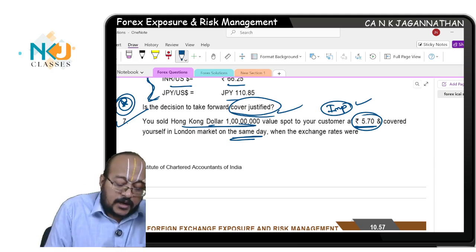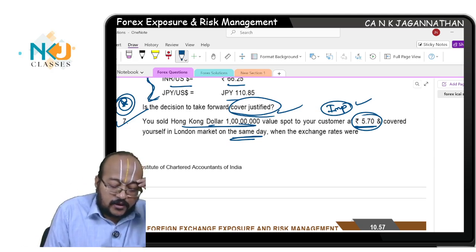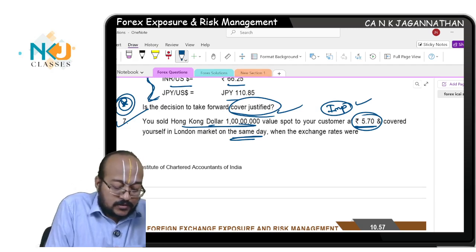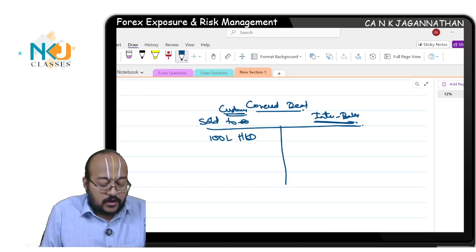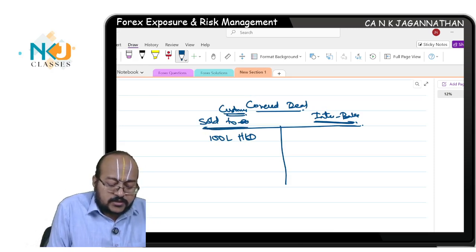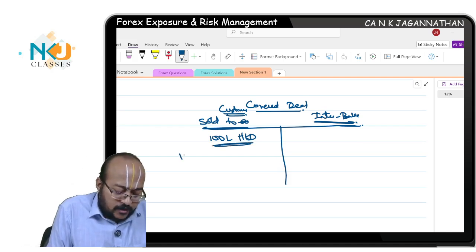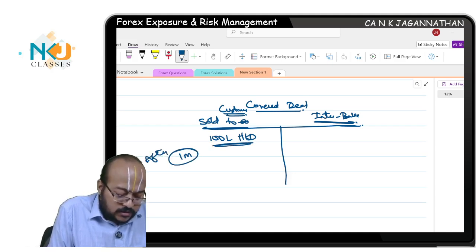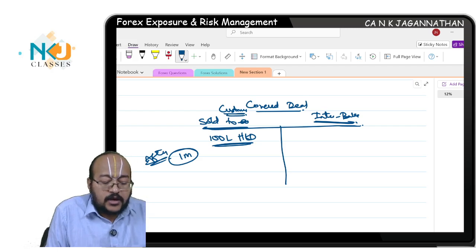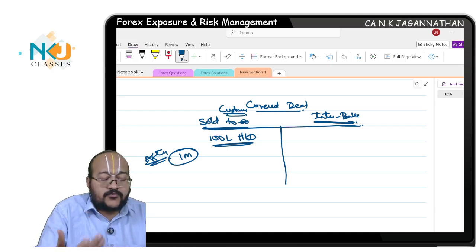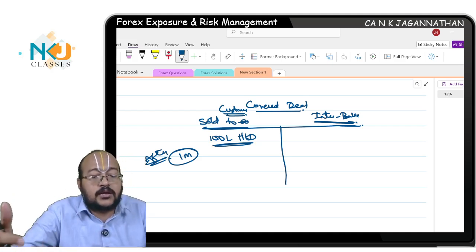Now, when the dealer is selling the Hong Kong dollar, from where will he sell? The problem is, he has sold Hong Kong dollar to the customer. Say he entered into a forward contract, and after 1 month this dealer has to sell 100 lakhs Hong Kong dollars to the customer. I am saying after 1 month to make you understand how a cover deal happens.